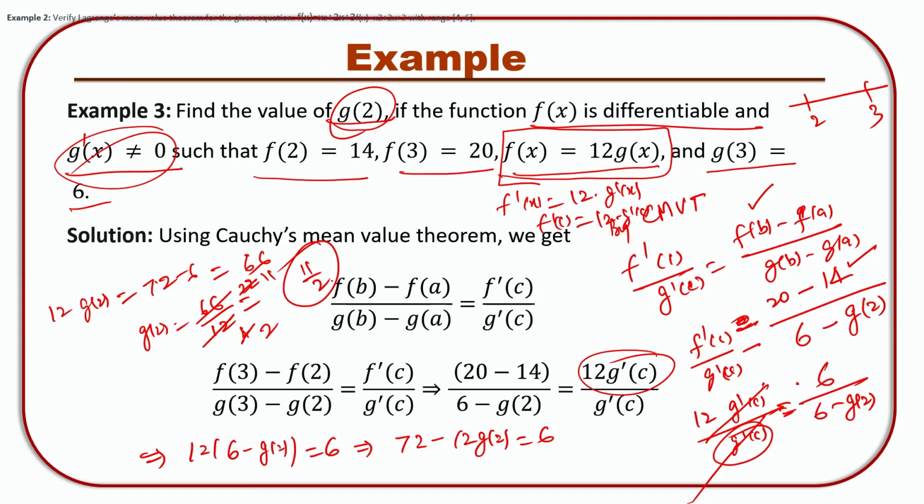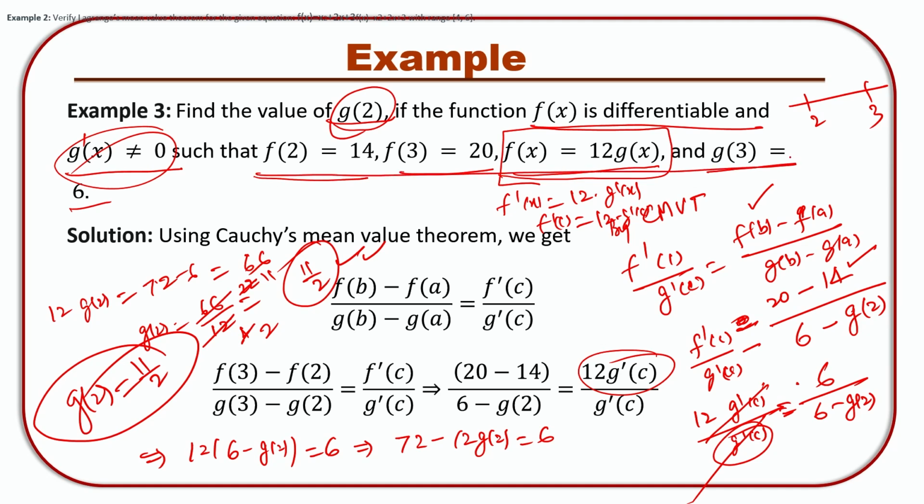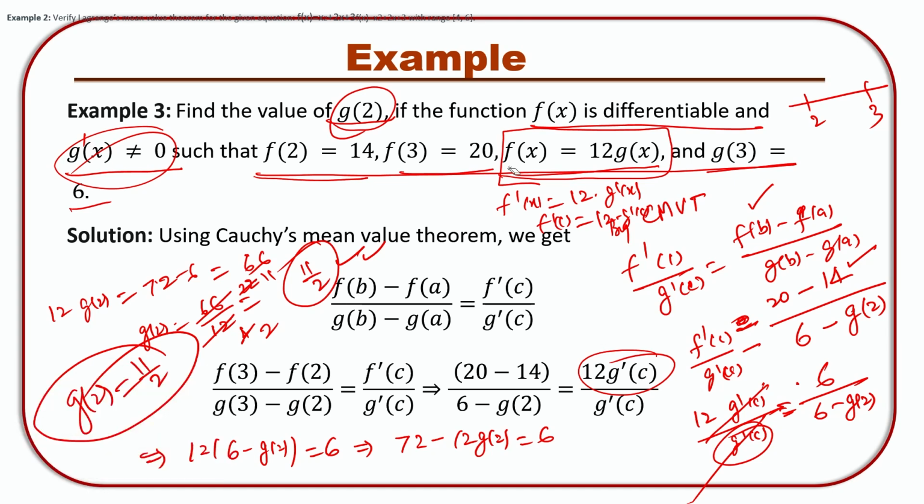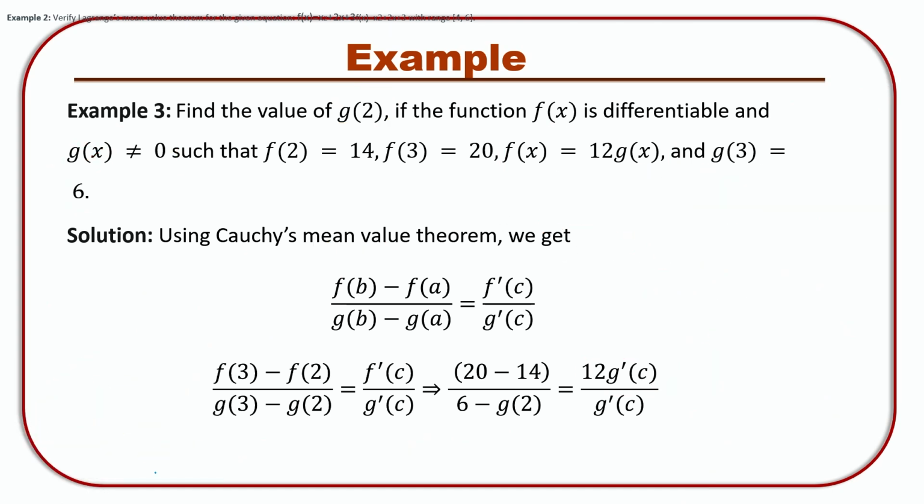This is what we had to find out here. So we found the value of g of 2, that is 11 by 2, such that these criteria are fulfilled, right? So I think I will do it once again for all of these.